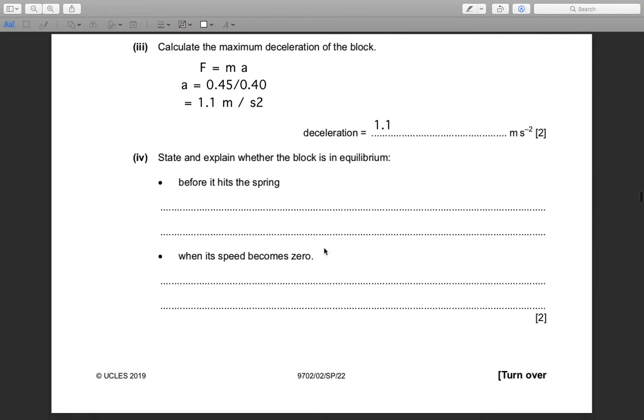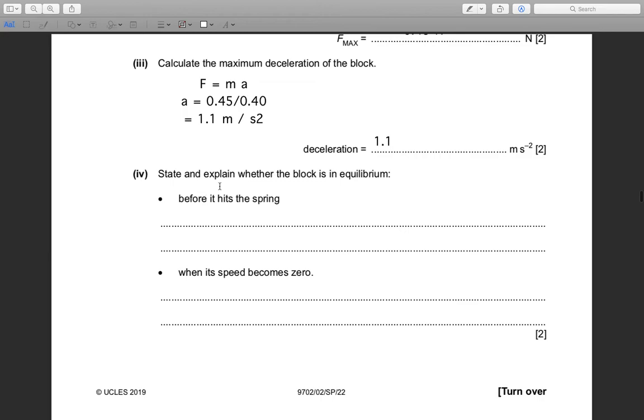So, continue to the next number. State and explain whether the block is in equilibrium. We have two cases here: before it hits the spring, and when its speed becomes zero. Before it hits the spring, it has constant velocity. Why constant velocity?